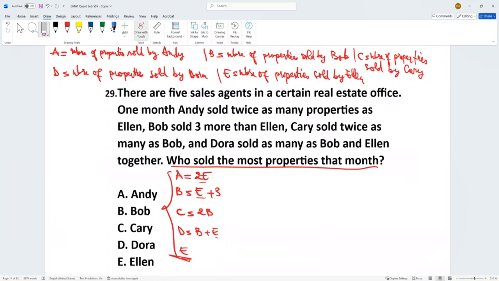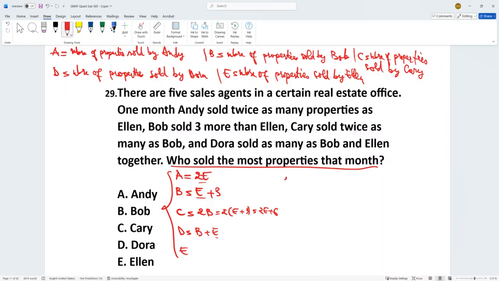And the only formula that is not dependent right now on the value of E is C. But C here can be written in terms of E, because we have B. This can be also written as like this, which is 2E plus 6, okay? So in order to determine the real estate agent that sold most properties that month, we are going to just hypothesize about the value of E, and this will determine the rest.